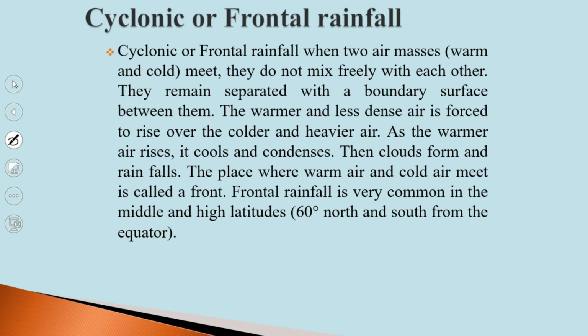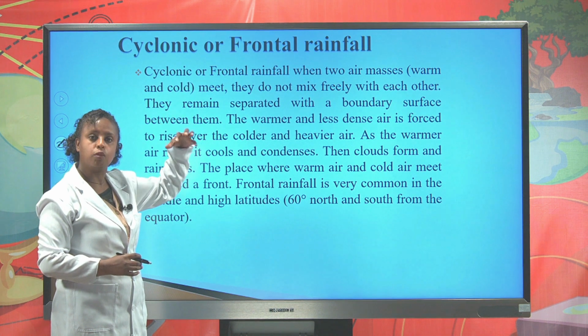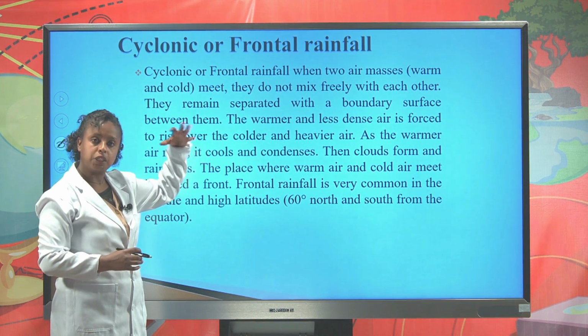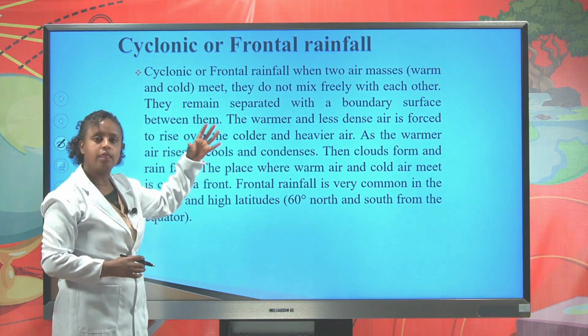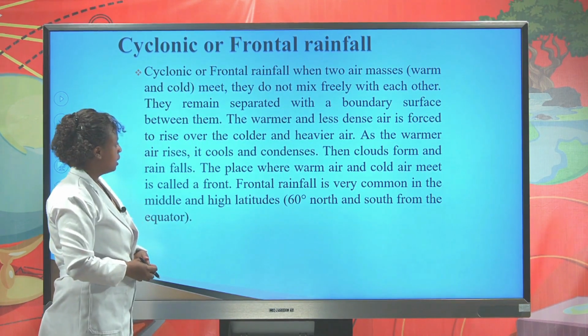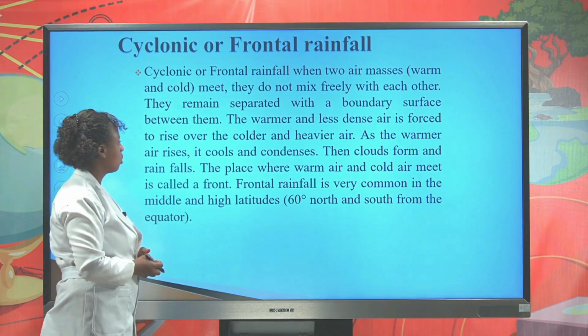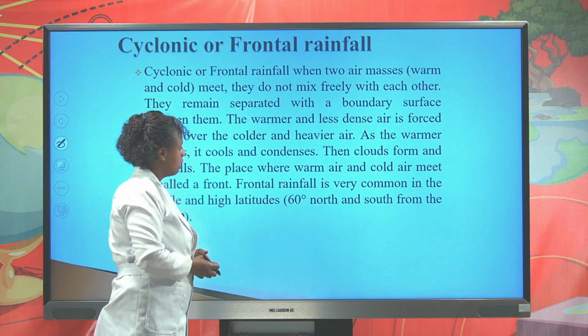The warm or less dense air mass is forced to move over the denser or colder air mass, and it rises and rises, cools and expands, forms condensation, then clouds form and fall as rainfall. The place where the warm and the cold air masses join together is called a front.